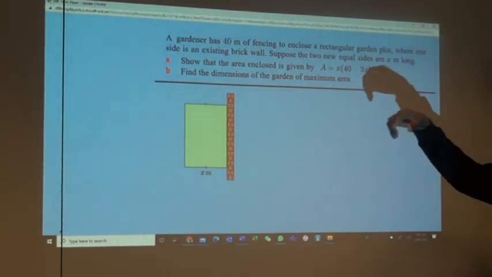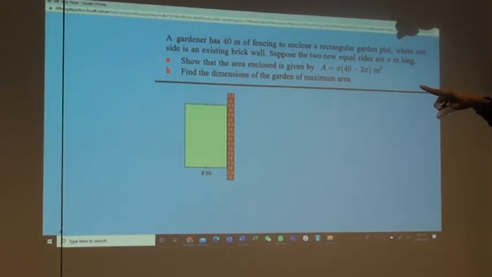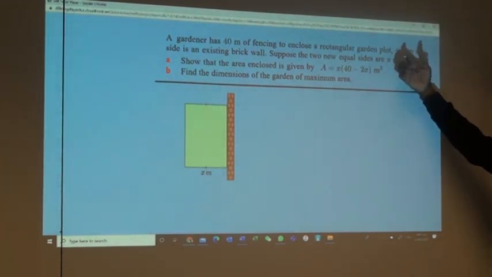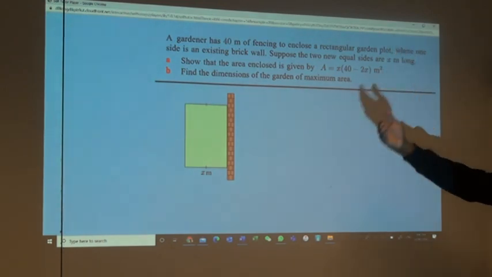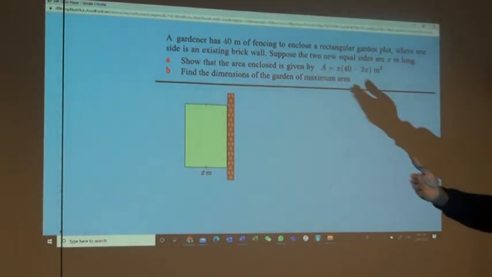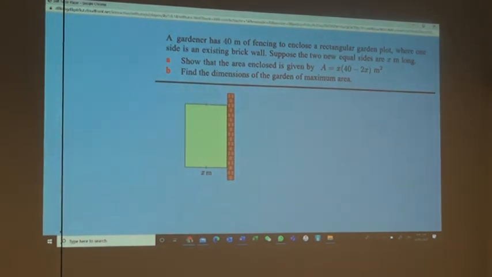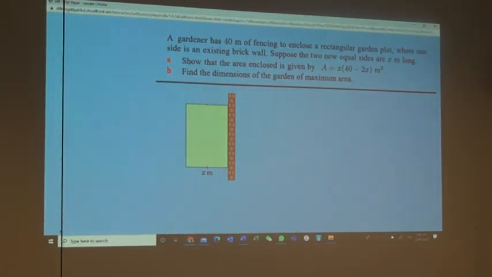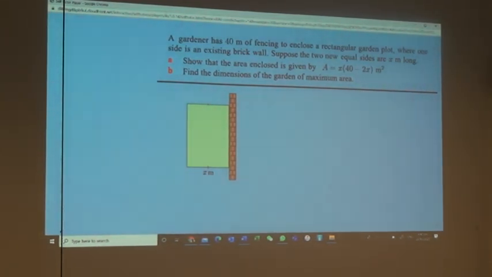The reason why I started with word problems is because of questions like this. We don't want to jump into optimization directly, but we want you to be familiar with how to write an algebraic equation from a word problem and how to solve, so that it's easier for you when you get to this point. Am I making sense? Yes. So, a gardener has 40 meters of fencing to enclose a rectangular garden plot.